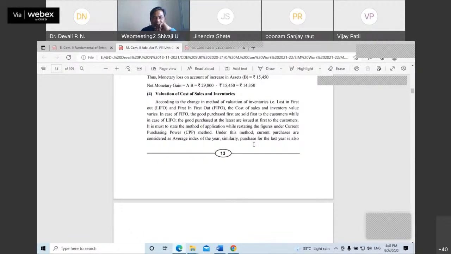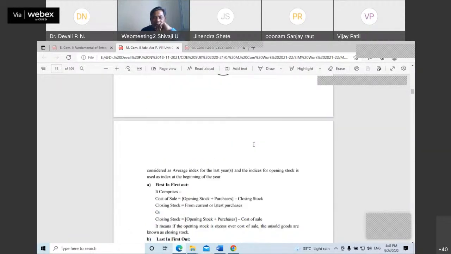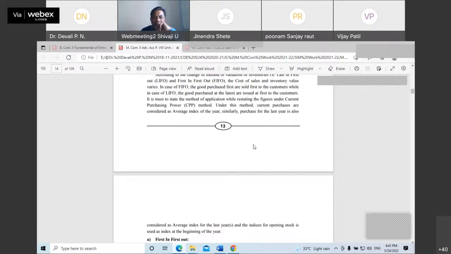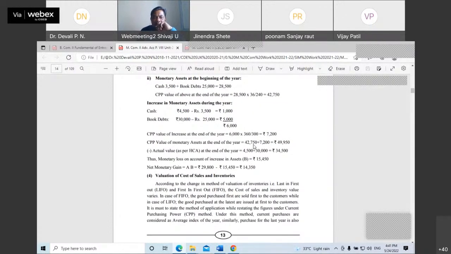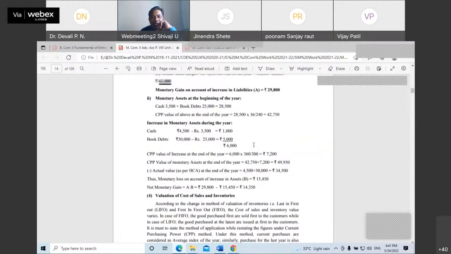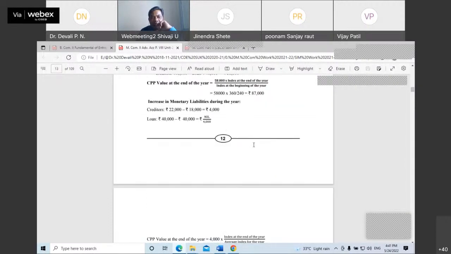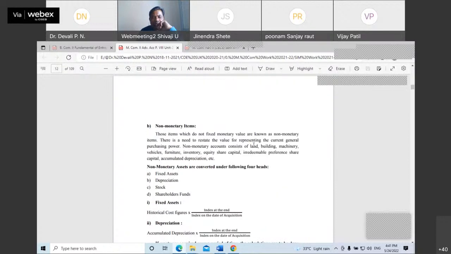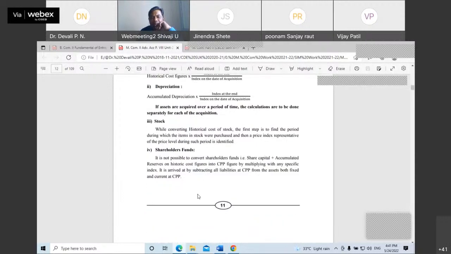calculations under the CPP. Now there is another part that we are going to consider: valuation of cost of sales and inventories. In the next lecture, we can continue the same and see what the CPP is and how we are going to get the valuations under the CPP, because for fixed assets, how you are going to consider depreciation, how stock is considered, how shareholders' fund is considered.